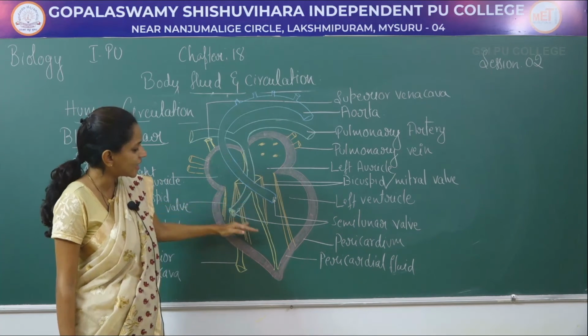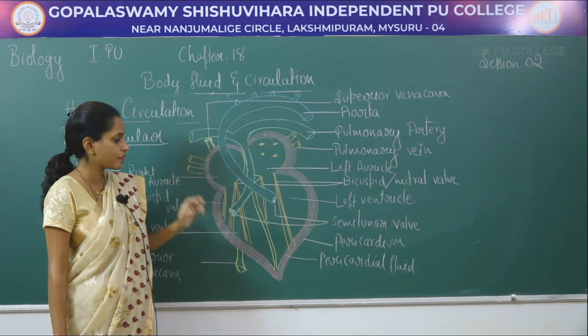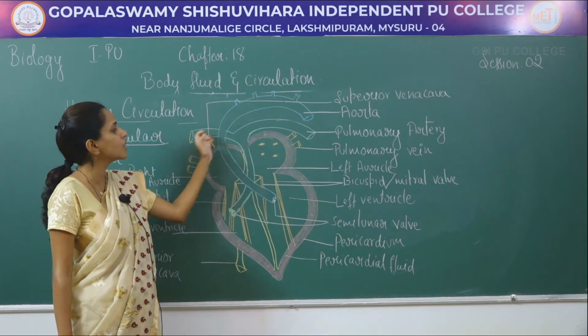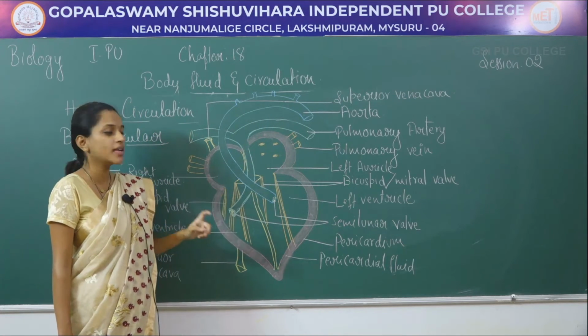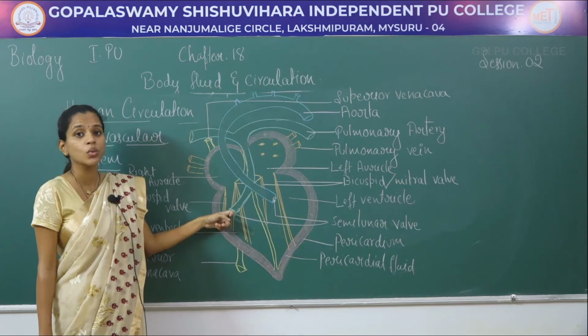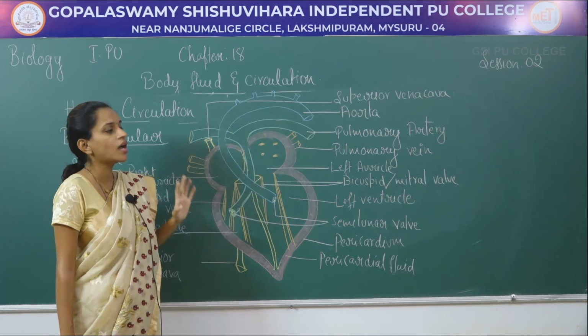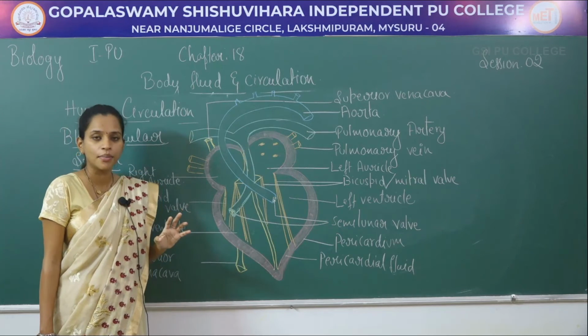Once the blood is collected here in the ventricle, the tricuspid walls close. The blood from the right ventricle is transferred into the pulmonary artery. The pulmonary artery is guarded by semilunar walls. Once they are guarded by semilunar walls here, it does not allow the reverse flow of the blood.